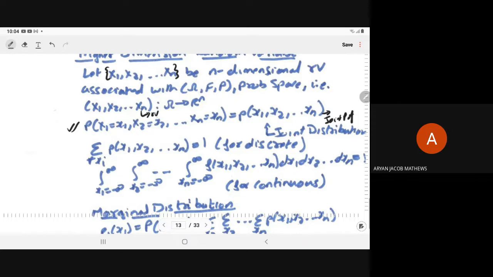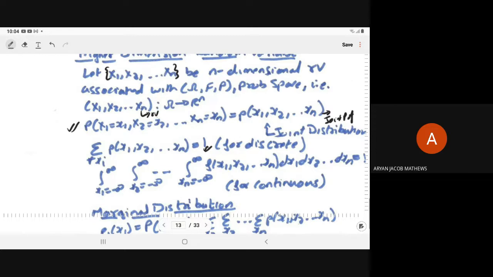If we have discrete random variables, if x1, x2, ..., xn are discrete, then the summation over all xi of P is equal to 1, and the integration over all xi of the PDF f is equal to 1 if x1, x2, ..., xn are continuous.